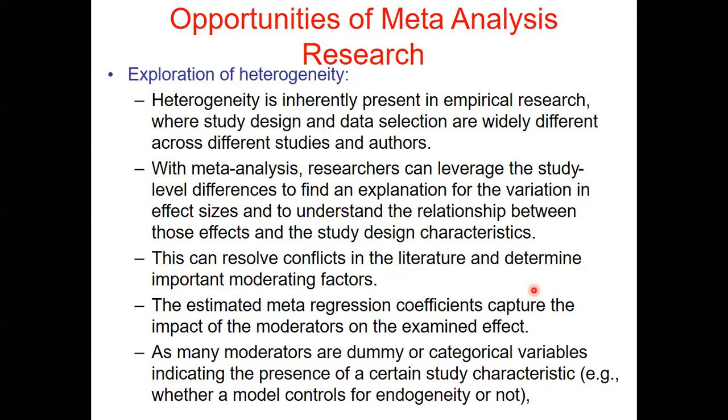Now, the heterogeneity in methods, in study designs, and all this kind of stuff can be quantified through meta-analysis, okay? So, meta-analysis helps to resolve conflict in the literature by helping to identify and determine important moderating factors. Okay? So we are able to capture these through moderators that could be established.